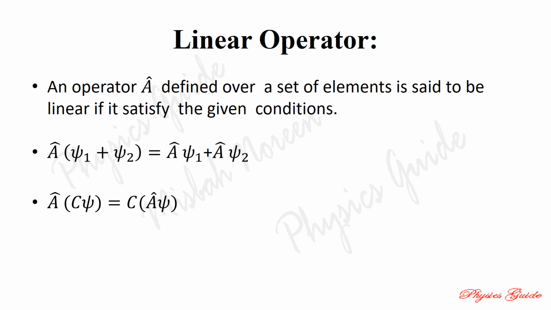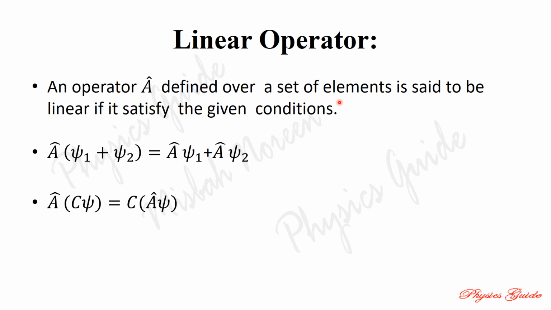Now students, the first type of operator is the linear operator. A linear operator involves a linear combination of elements or wave functions. What is the condition of a linear operator? The definition is that an operator A defined over a set of elements is said to be linear if it satisfies the given conditions.